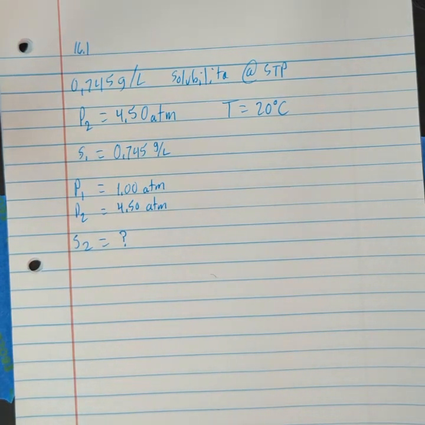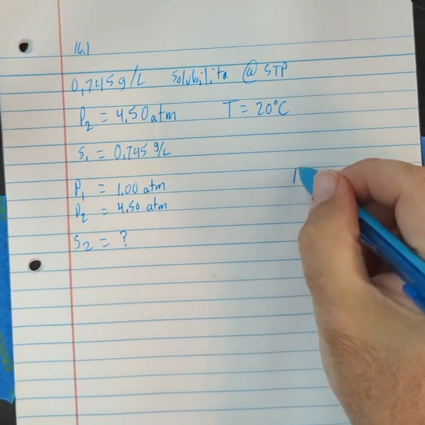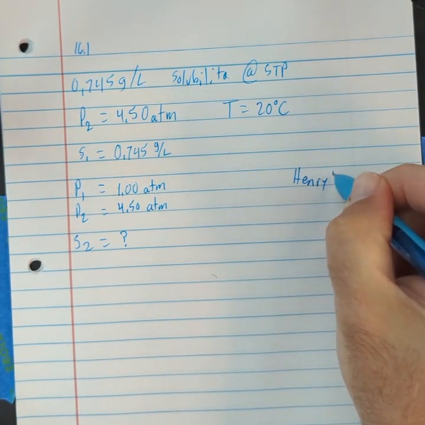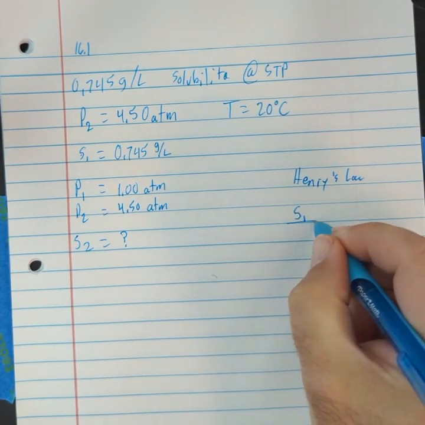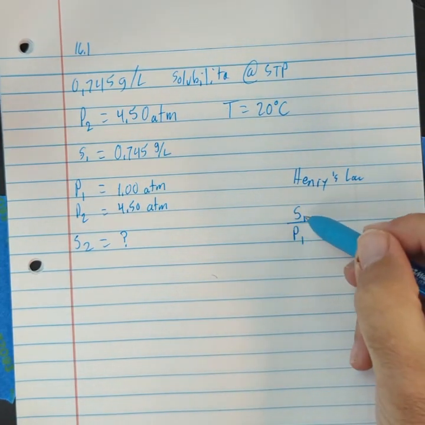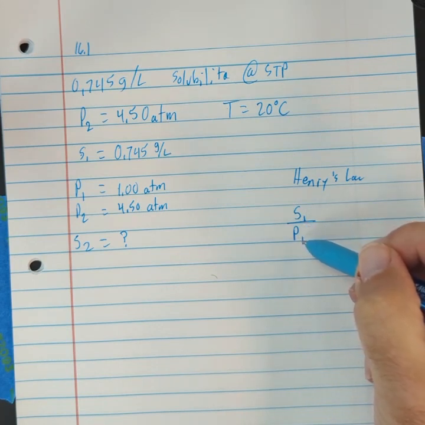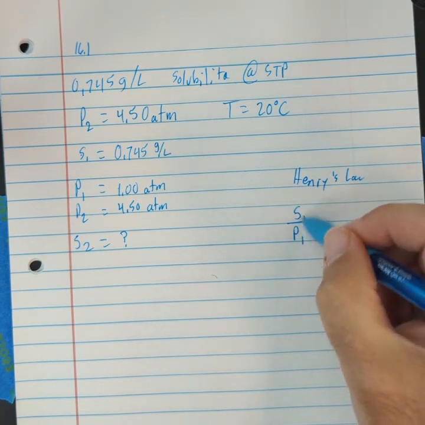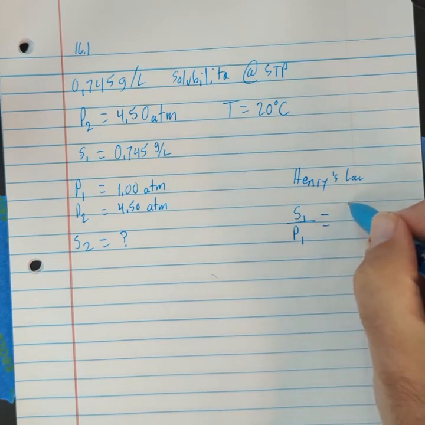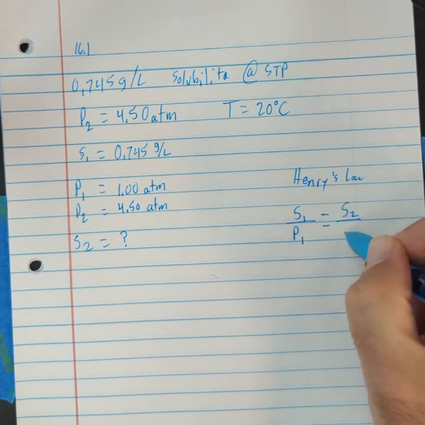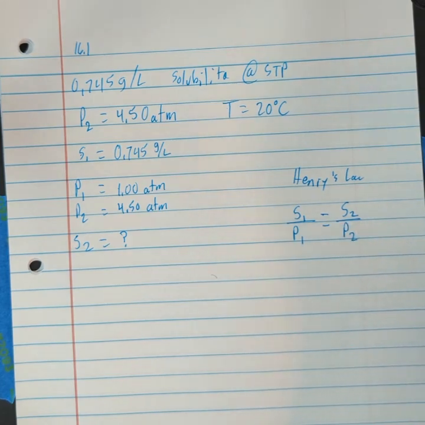All right, so we're going to substitute into Henry's law. Henry's law is that the solubility 1 over pressure 1, the solubility and pressure before any changes, that ratio is equal to the ratio of the solubility and the pressure after the change.